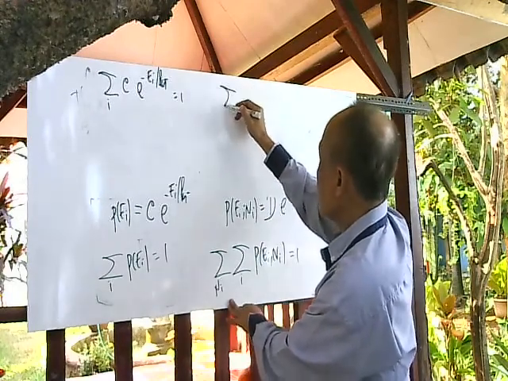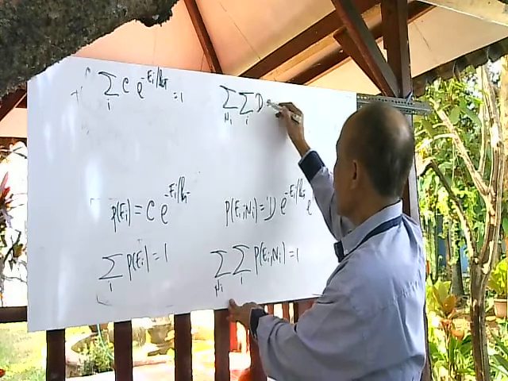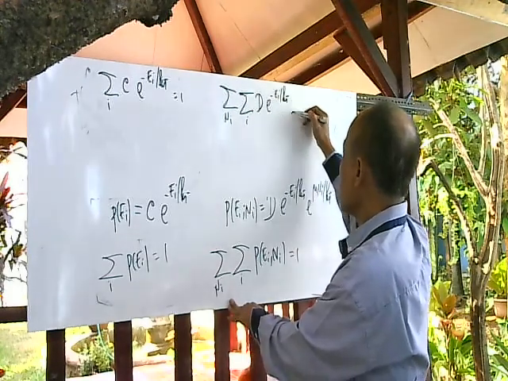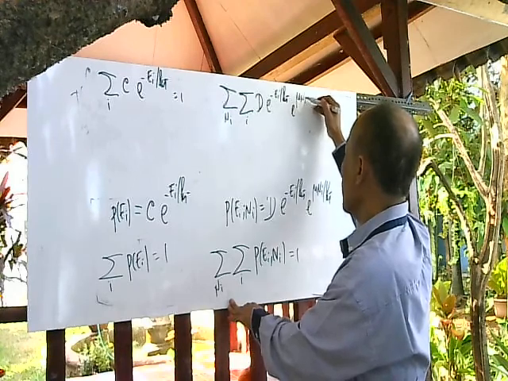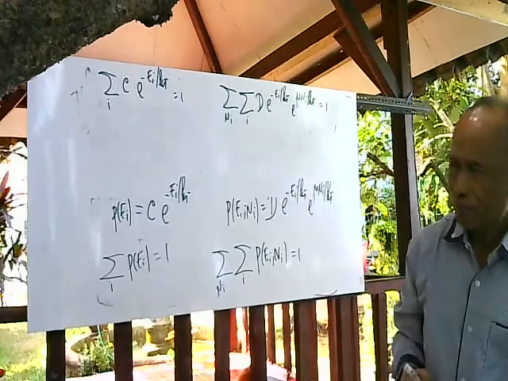Similarly, this one, Ni, this one i, e^(-Ei/kT) e^(μNi/kT), this also becomes 1.